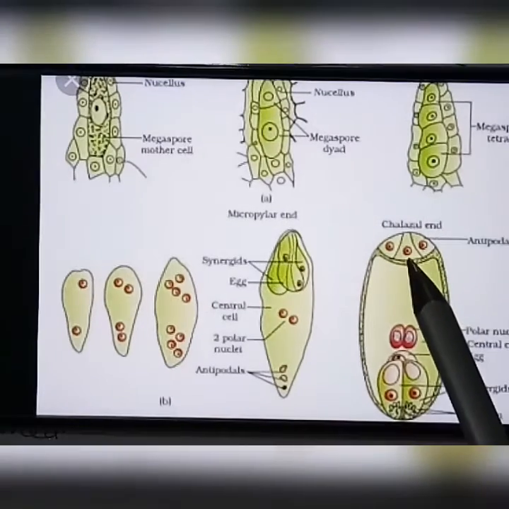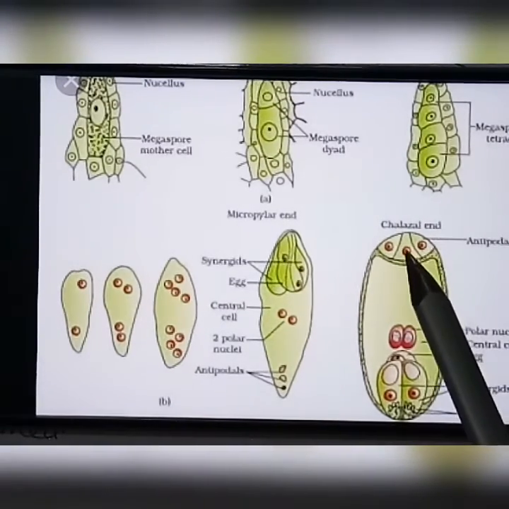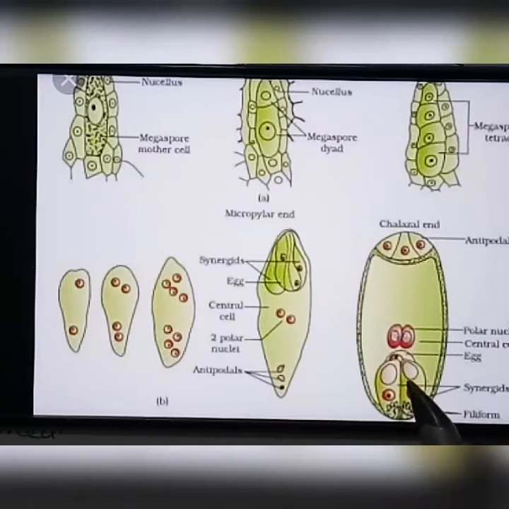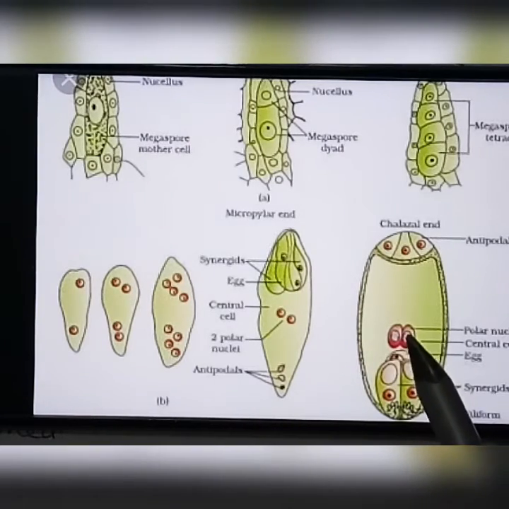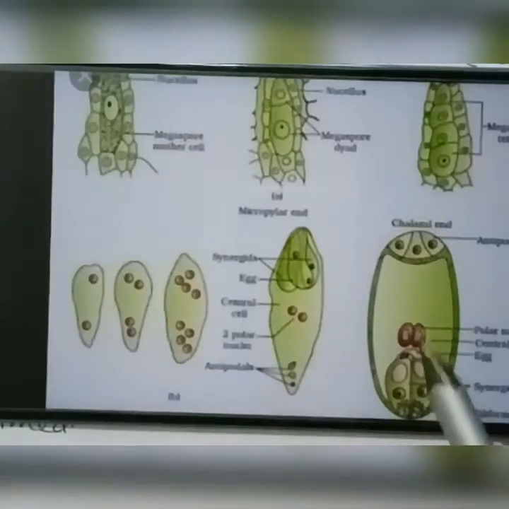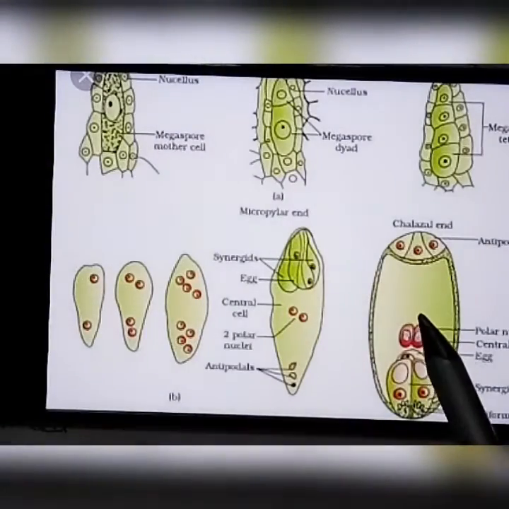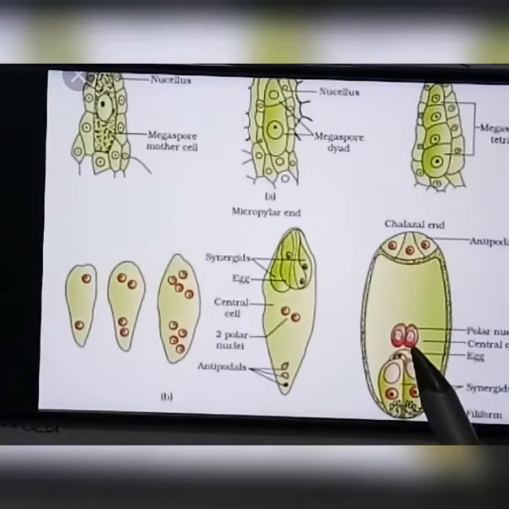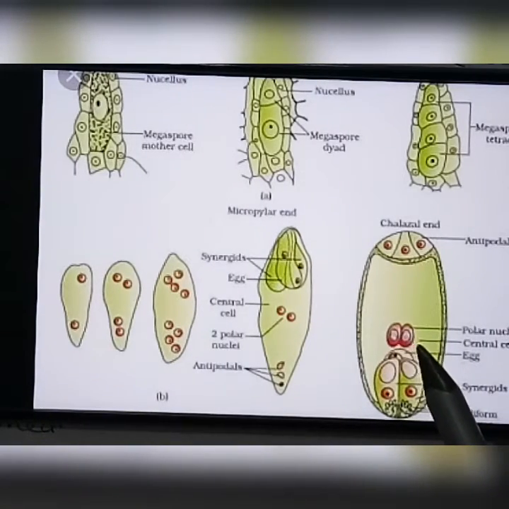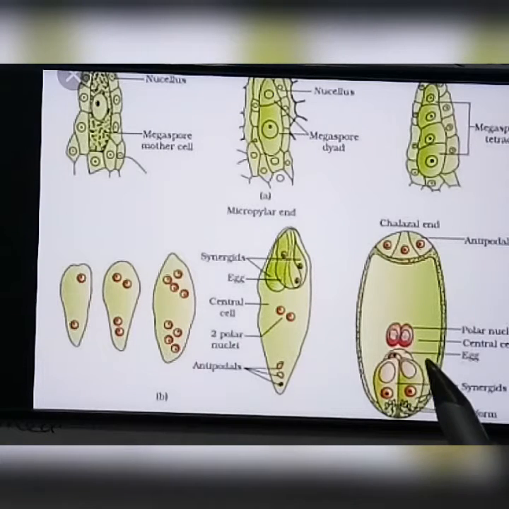That is the antipodal cells, whereas this structure is known as the egg apparatus, and the center cell is called the central cell, in which two nuclei are present, called the polar nuclei, that may fuse with each other.